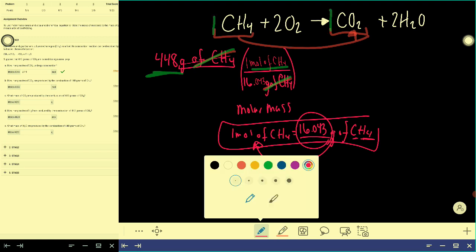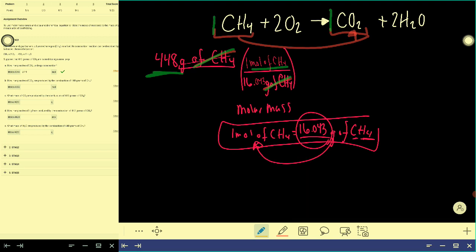All right, so for my conversion here, I'm still looking at 448 grams like I started with, and I can go to carbon dioxide actually from where I'm at right now, because my first step would have to be getting out of grams of methane, so I can just use the work I've already done and add to it.